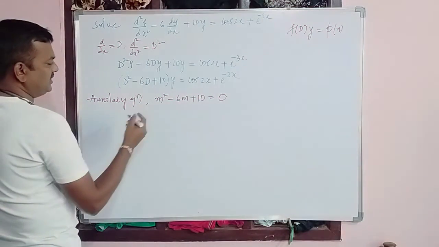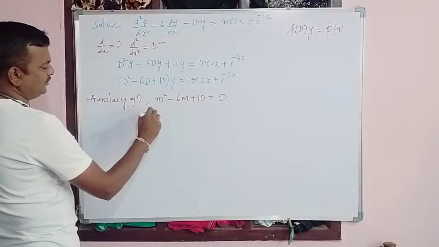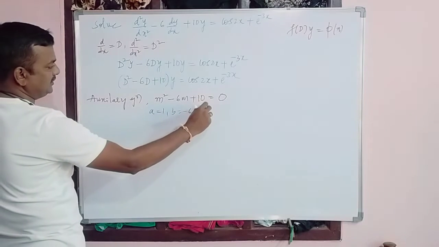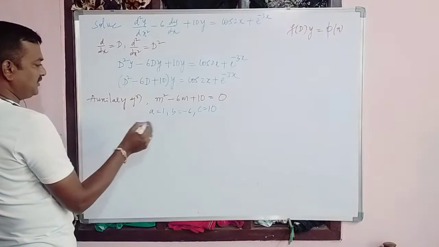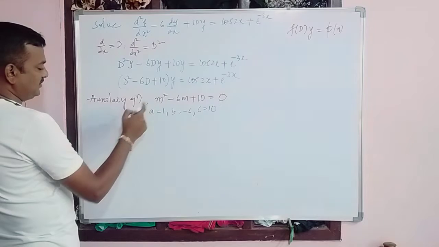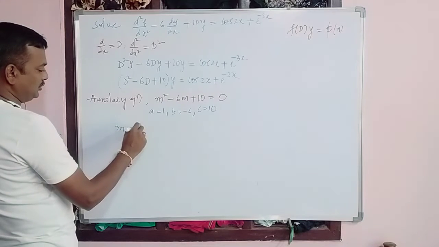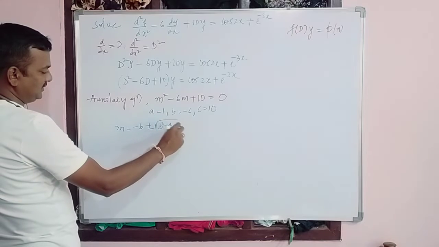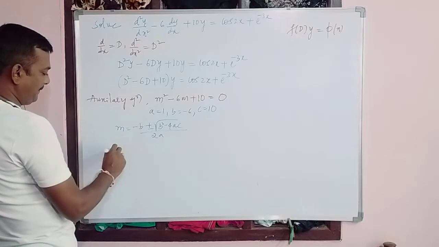Now how to solve this equation? We are using Sridhar's formula, which you already know, for a quadratic equation in terms of m, where a is equal to 1, b is equal to minus 6 and c is equal to 10. So m is equal to minus b plus or minus square root of b square minus 4ac divided by 2a.